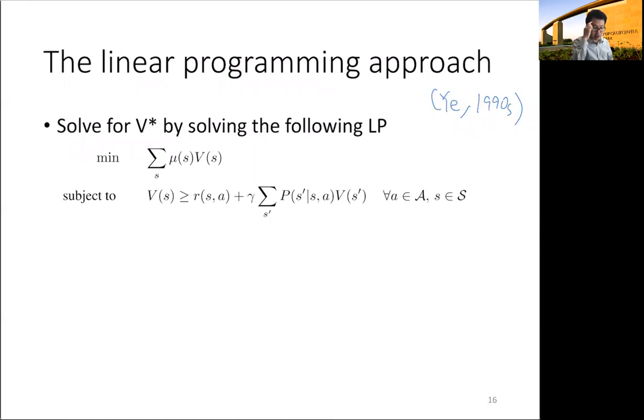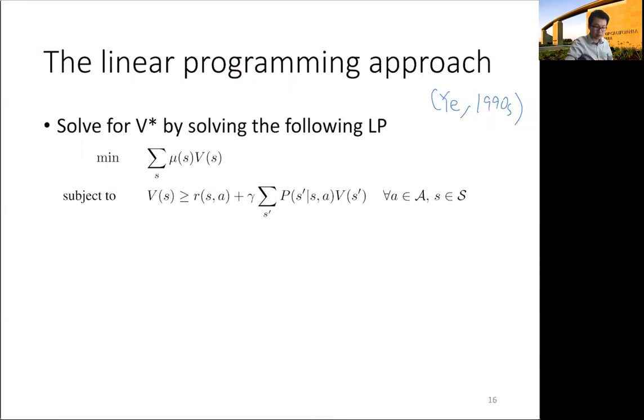The linear programming approach to solving Markov decision processes tries to formulate the problem as a linear optimization problem subject to a set of linear inequality constraints. So what are we minimizing? Again, mu is the initial state distribution. Suppose we substitute V equals V star into this.